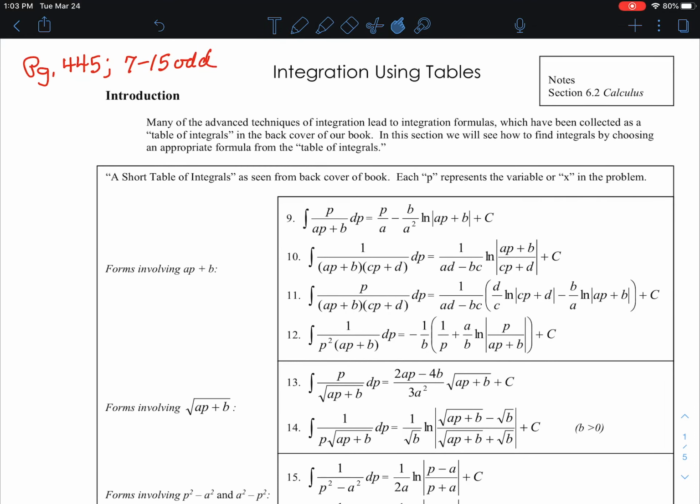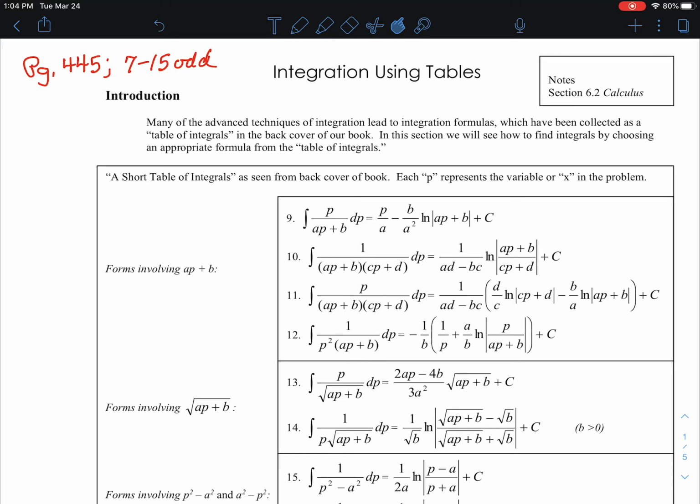Okay, hello everybody. We hopefully got enough practice on integration by parts that we're ready to move on to the next section. This is really the last section where we unveil a new strategy for how to integrate.